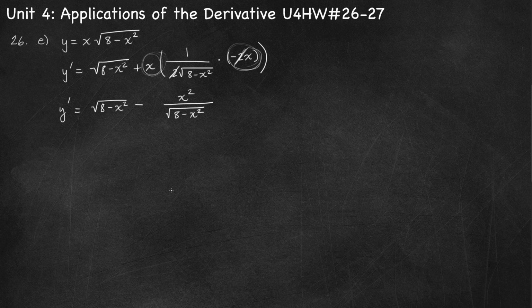So I'm going to simplify this. Here on the left, I'm going to multiply the square root of 8 minus x squared by the square root of 8 minus x squared over the square root of 8 minus x squared to get a common denominator.